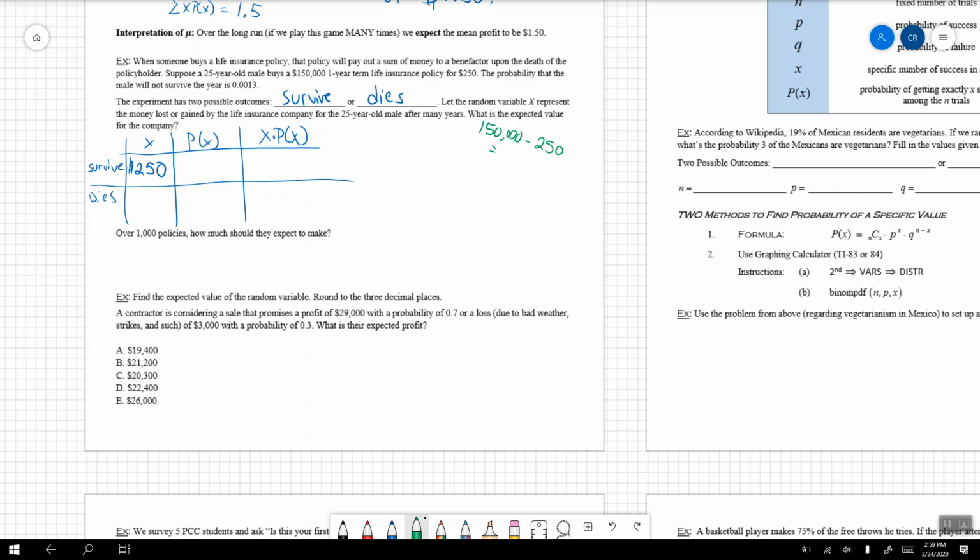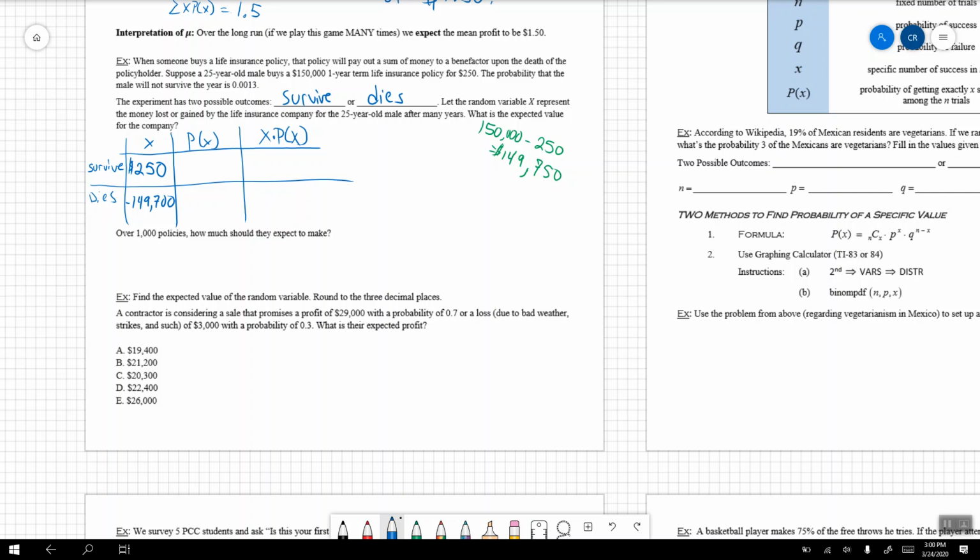That's $149,750, which is how much the insurance company has to pay out if this individual dies. But since they're going to pay it out, it's a loss for them. So negative $149,750.